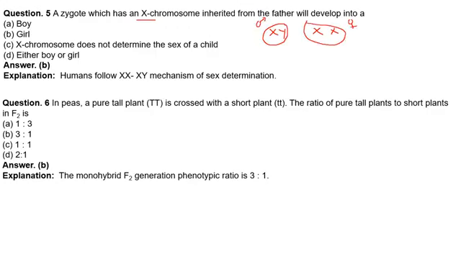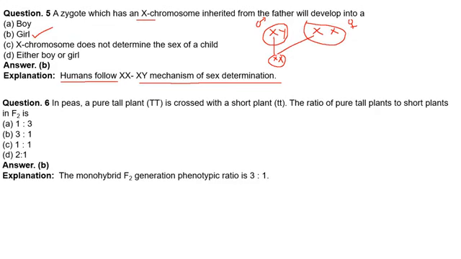If I cross from male, I have taken X as given in the question, and female will definitely pair with the X, because female has both the same chromosomes, both X chromosomes. So definitely the child will be a baby girl. So human follows the XX and XY mechanism for sex determination. So this is the explanation of this question.